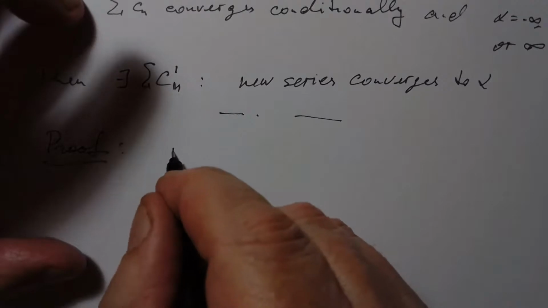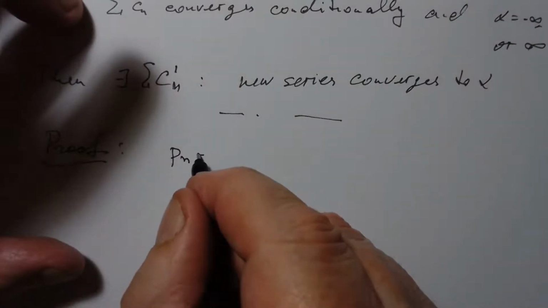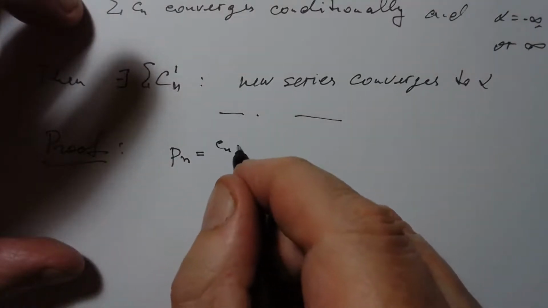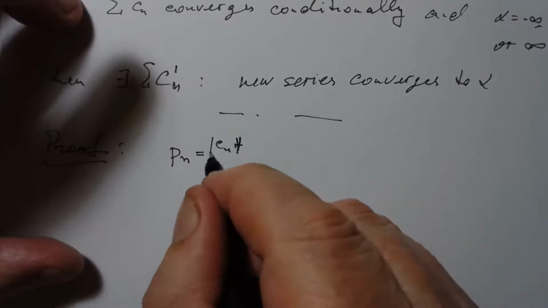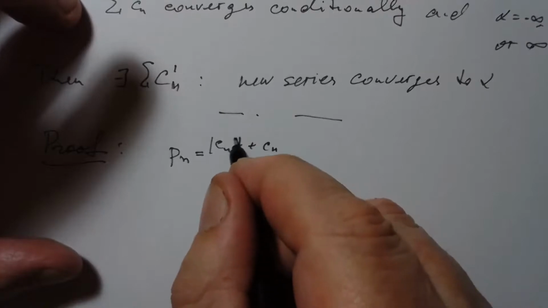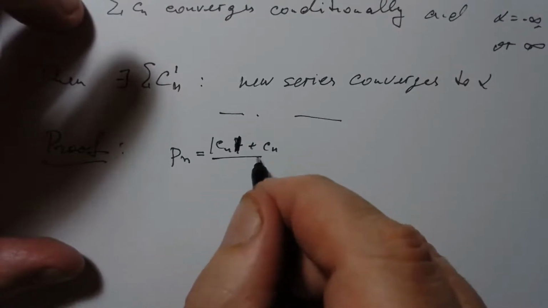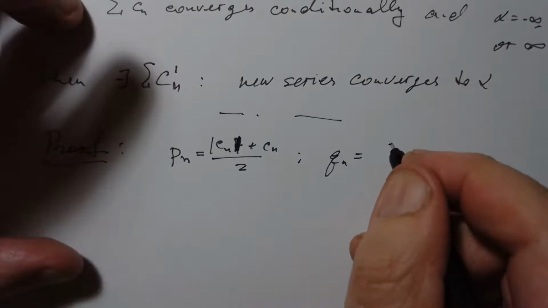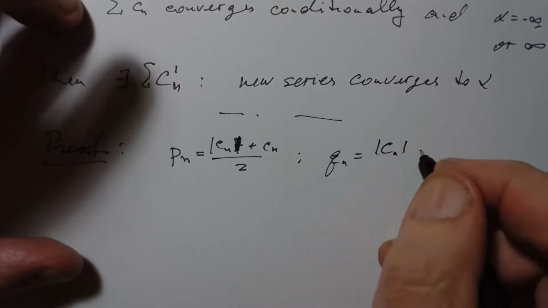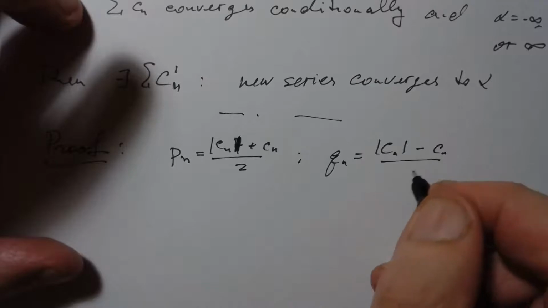What Rudin does is he says, let's suppose that P_n is equal to the absolute value of C_n plus C_n, divided by 2, and let's suppose that Q_n is equal to the absolute value of C_n minus C_n, divided by 2.